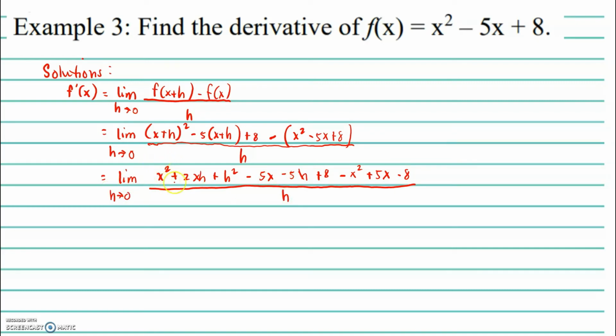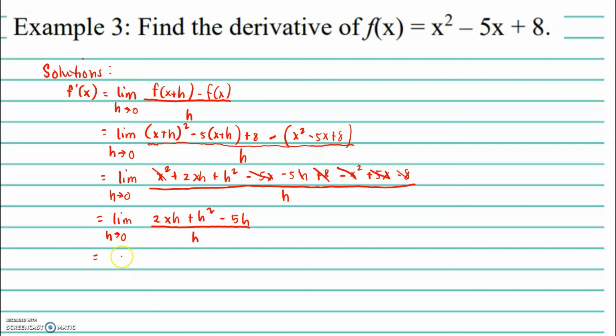Combine like terms, so you can now cancel x squared and negative x squared, negative 5x and 5x, positive 8 and negative 8. So we are left with the limit of 2xh plus h squared minus 5h all over h as h approaches 0.